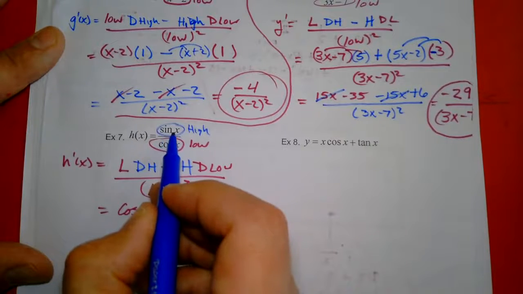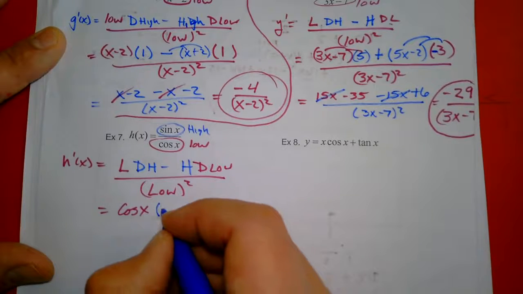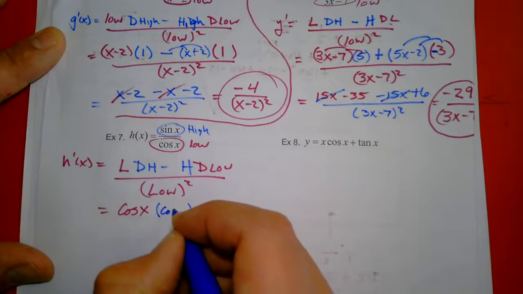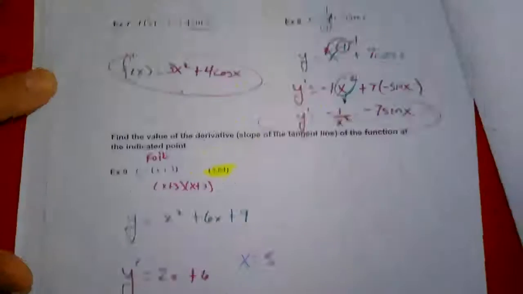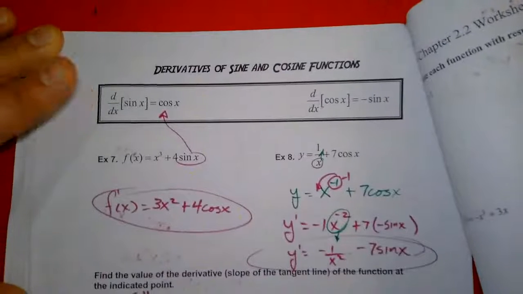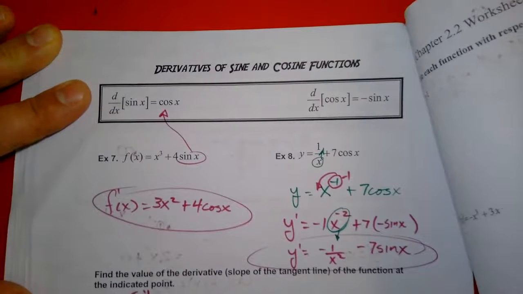So from yesterday, what's the derivative of sine of x again? Cosine of x. Okay, if we look back at our notes from yesterday, the derivative of sine of x is cosine, and the derivative of cosine is negative sine.